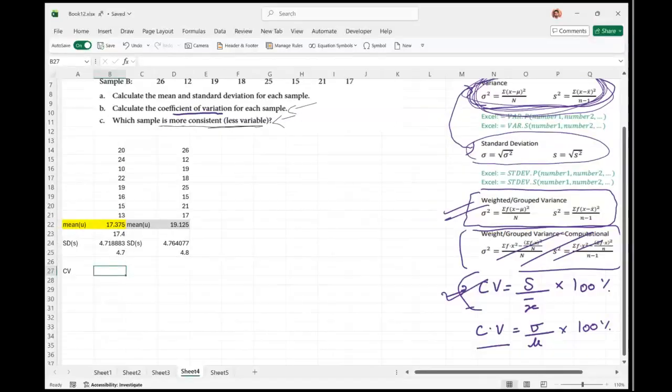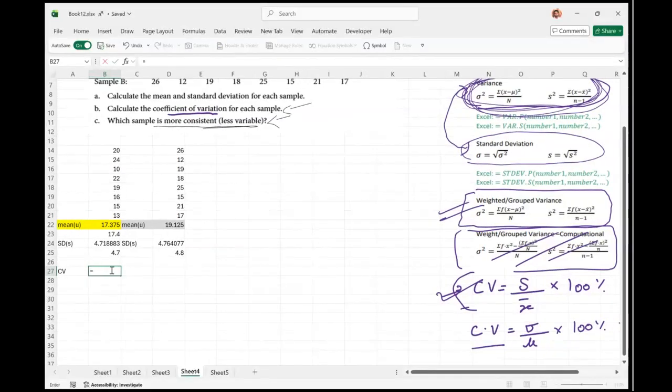So standard deviation we've calculated, equal to this number divided by x bar, the mean value. I have to put it in brackets and then multiply it by 100. So the coefficient of variation for the first one is 27.05.